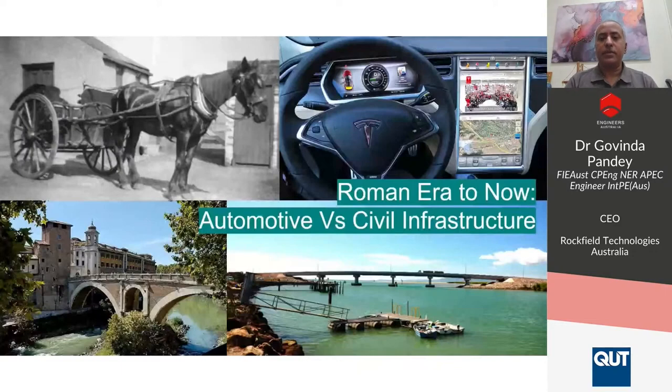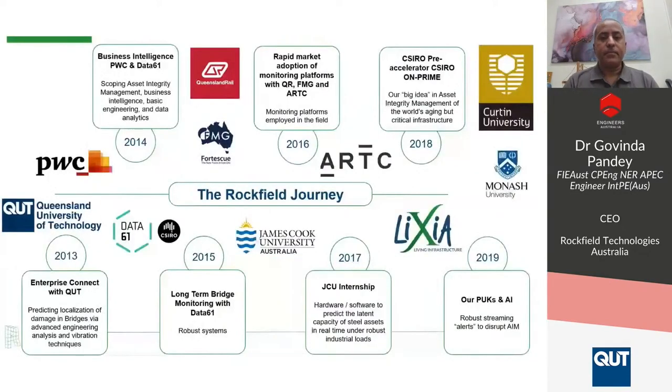They're packed with technology. But when you look at our infrastructure assets, for example bridges, from the intelligence side of things, they were unfortunately dumb back in Roman times, and they are the same even right now. So we just need to change that.